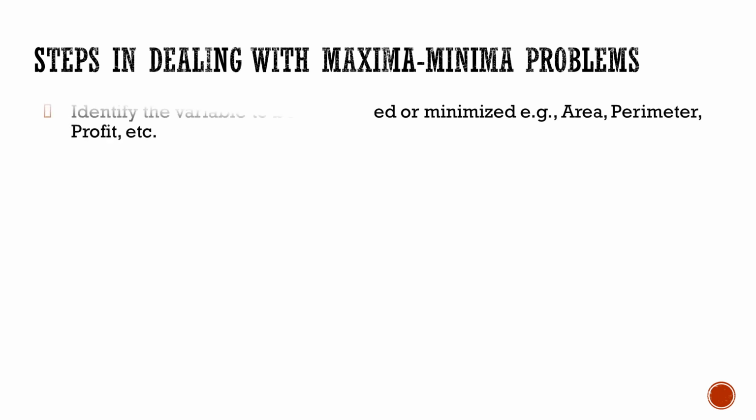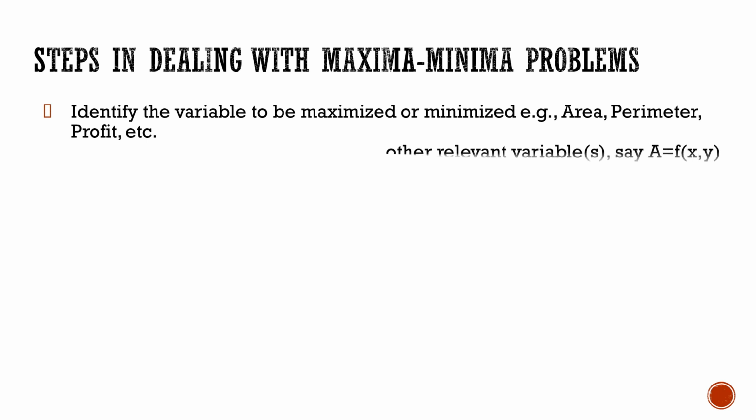So with respect to the steps in dealing with the maximum minimum problems, first, of course, we need to identify ano ba yung variable na i-maximize mo or i-minimize mo. So example, area, perimeter, profit, and the like. Pangalawa, of course, there will be other conditions in the problem.